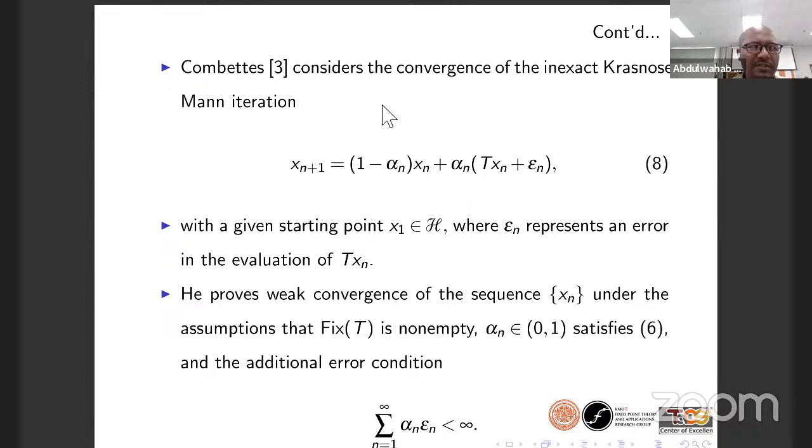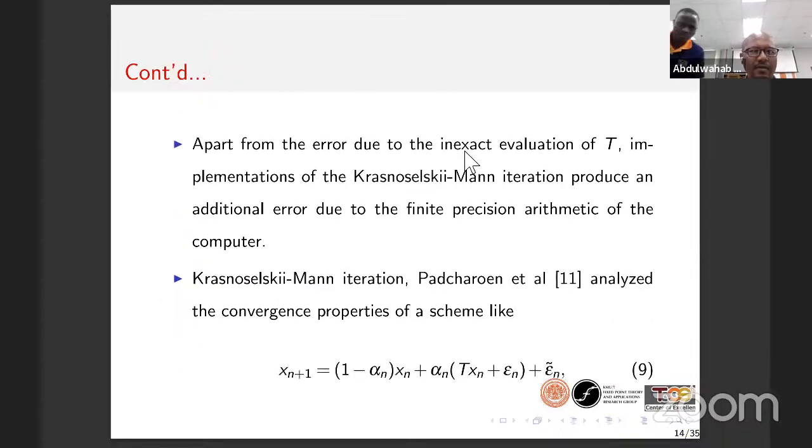He has mentioned that Combettes considered the convergence of the inexact Krasnoselskii-Mann iteration, which is given by equation 8, where the error term satisfies certain conditions. There is also another source of error, which is due to the finite precision arithmetic of the computer.